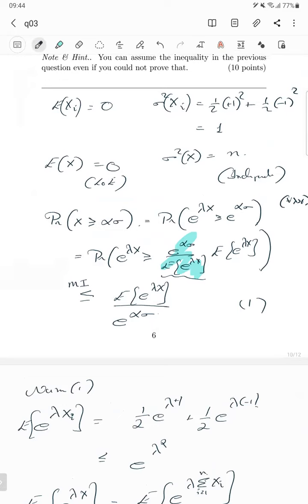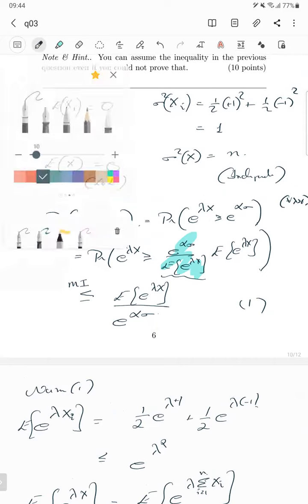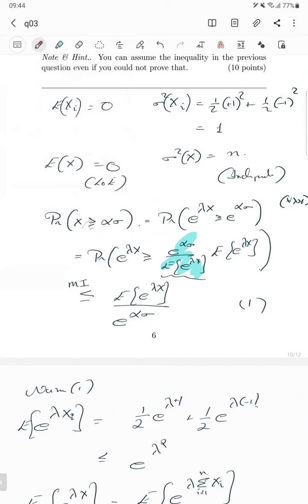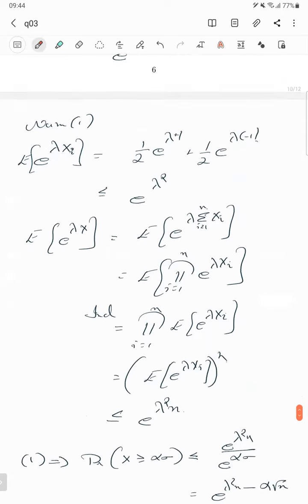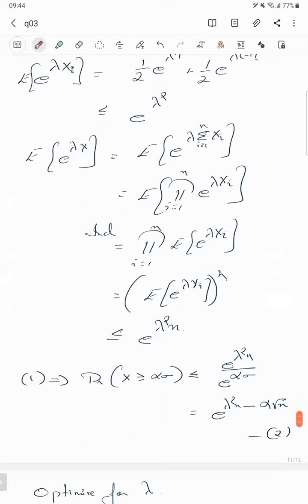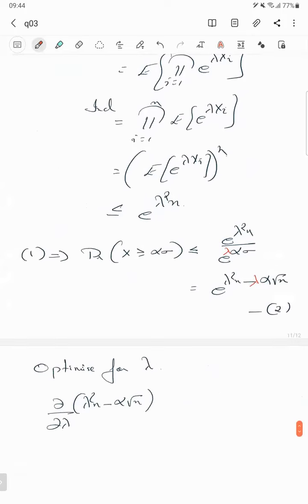Okay, so I made a mistake here. I should have written it in another color. Since I'm taking e raised to lambda x, I should have taken e raised to lambda alpha sigma. So this should have been e raised to, yeah, here there is a lambda alpha sigma, and that will go here also, e raised to lambda alpha sigma. And here also there will be a lambda alpha sigma, and there will be a lambda here. Okay, sorry for the confusion, but I thought this was a very easy question.